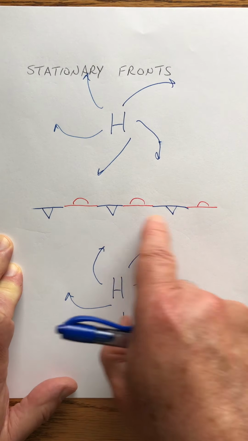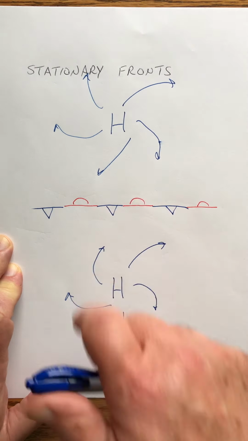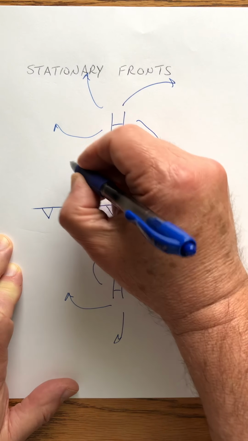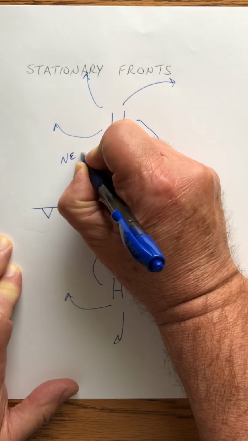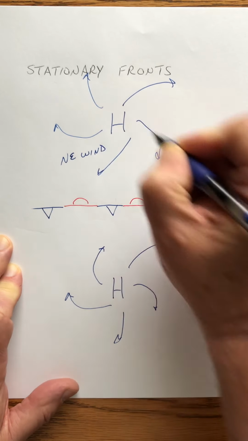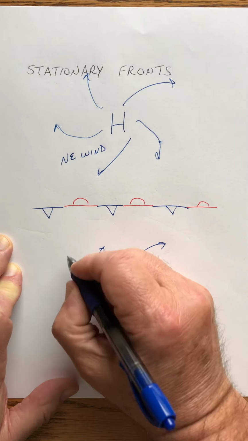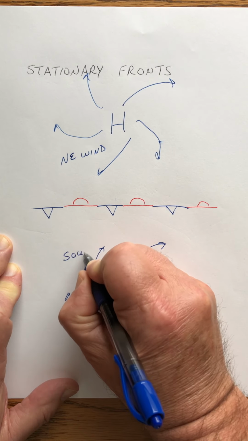To the north of the stationary front, we've got air coming in typically from a northeast wind. And to the south of a stationary front, we typically have winds coming in from the south.